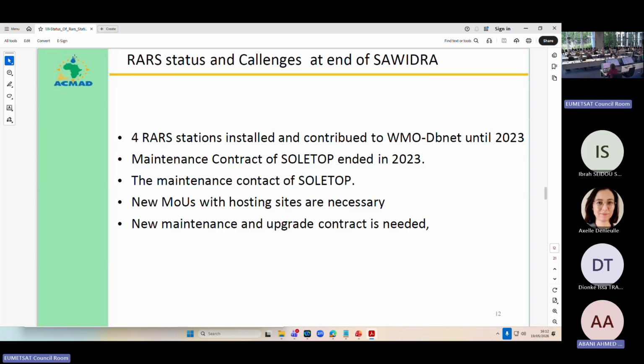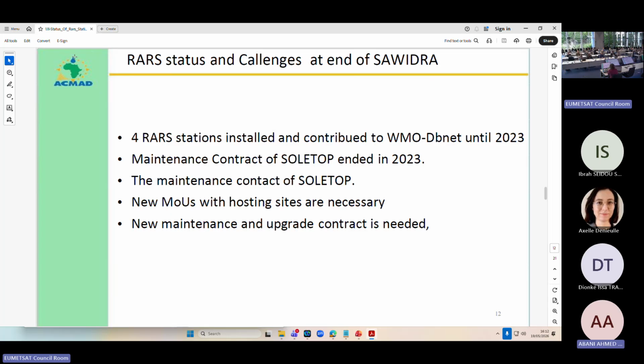So currently the stations have been installed and have contributed to DBNet. The first challenge was the end of the maintenance contract in 2023, and a new contract was needed. SEWA came at the right time to take over with a new approach based on the existing one.